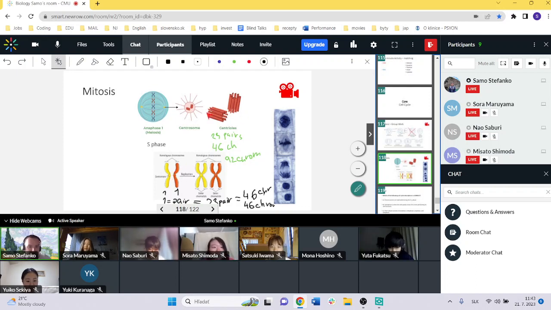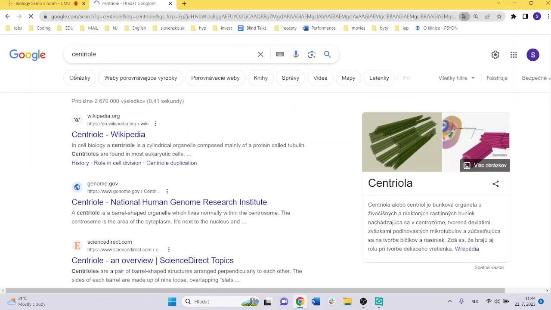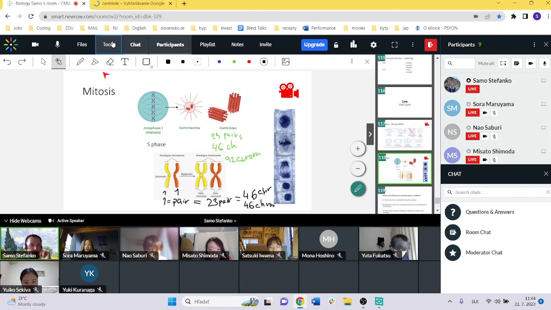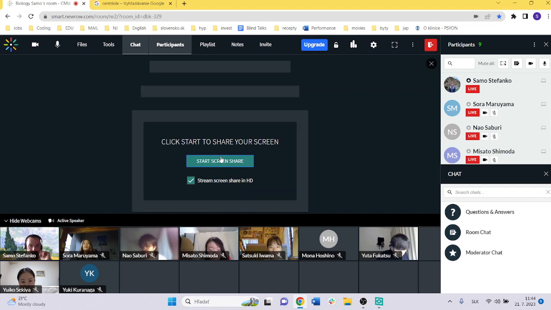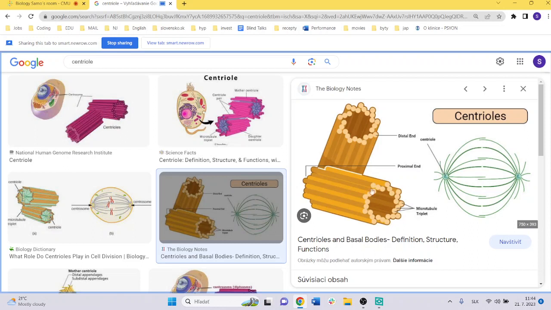However, centrioles contain 9 triplets of microtubules, as we are able to see here. Maybe I will show a different picture that will be more useful in this case. Yes, this one would be nice. So let me share my screen. Okay, here we are able to see a microtubule triplet.